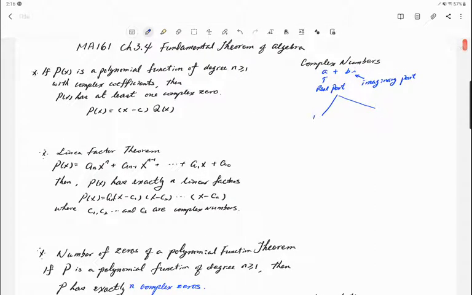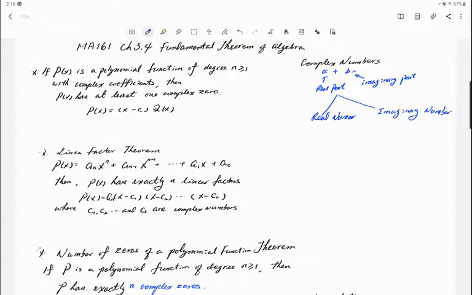Real numbers are a subset of complex numbers. So when you say complex numbers, they may contain real numbers, and they may also contain the imaginary part. When we combine these together, that is called a complex number.